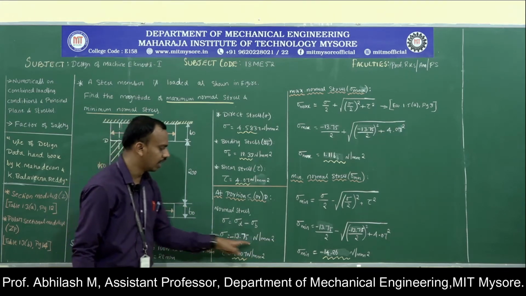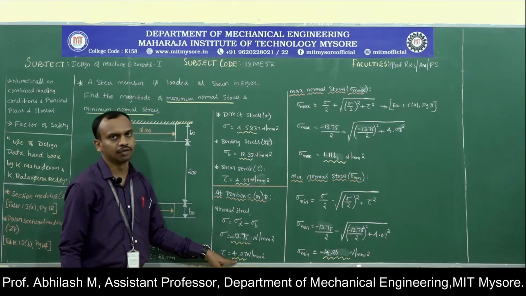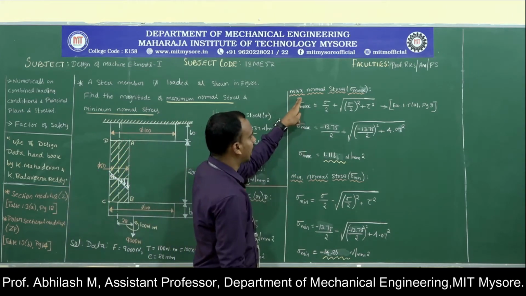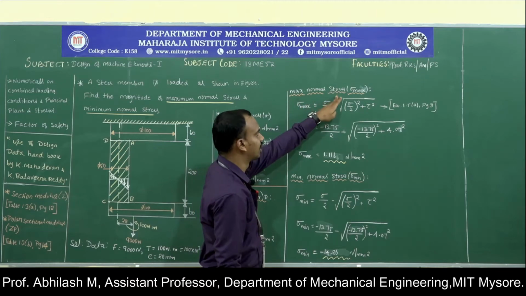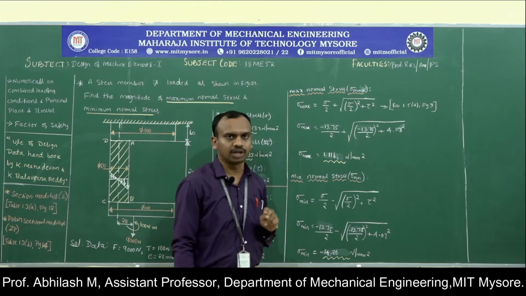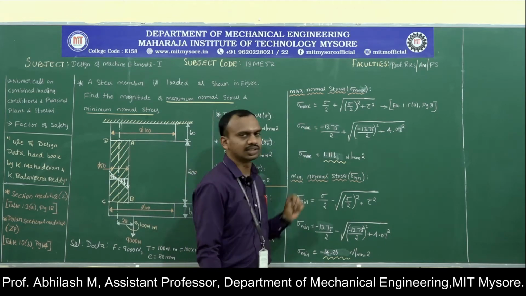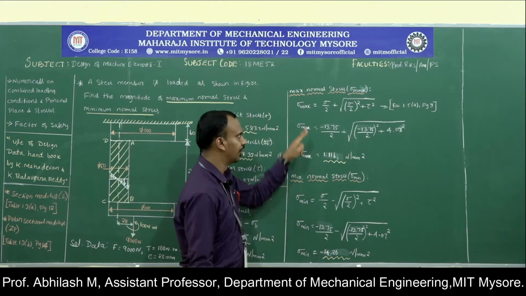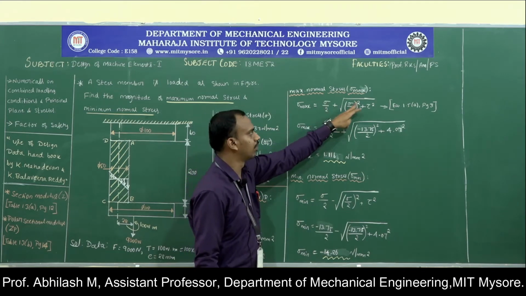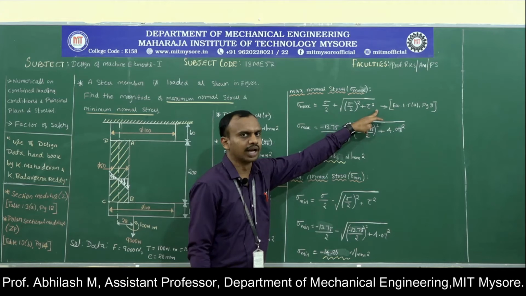Similarly, the shear stress value is 4.07 Newton per millimeter square. Now coming to identification of the maximum normal stress at the portion C or D, we are making use of the maximum normal stress theory equation. So according to this equation, sigma max is equal to sigma by 2 plus square root of (sigma by 2) square plus tau square.